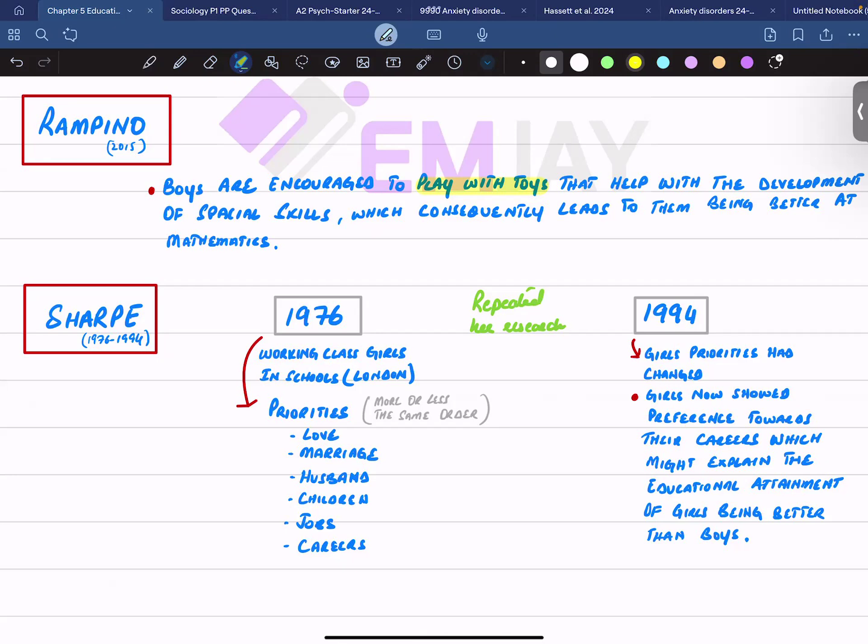Now, parents try their best to build their children's interest according to the gendered expectations. Now, according to Rampino, the toys that kids get over here, she gives examples of how boys get toys that help them develop their spatial skills, which consequently leads to them being better with mathematics. So we spoke about two key thinkers over here. Number one, we spoke about Fiona Norman. Number two, we spoke about Tina Rampino.